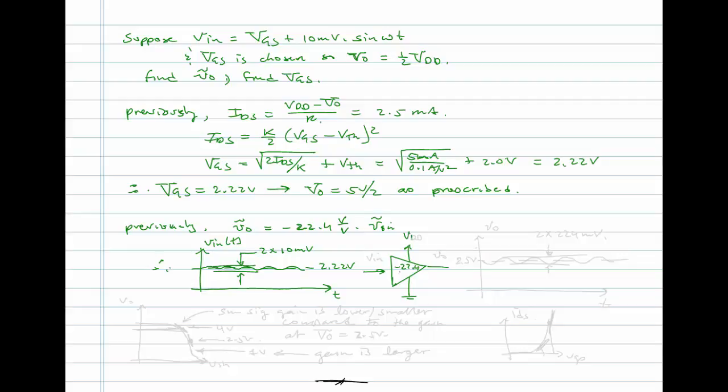Okay, and this is powered to VDD. And what do we get? So this is vn, and what we get at the output is something that is sitting at 2.5 volts, okay, and we'll have the opposite sign, where the peak-to-peak here will not be 2 times 10, but it'll be 2 times 224 millivolts.